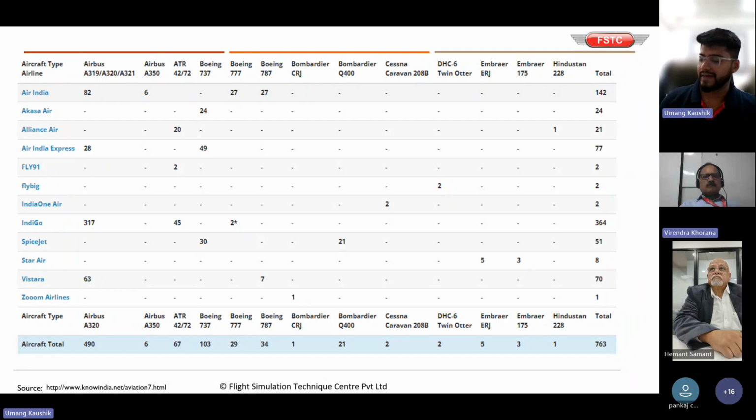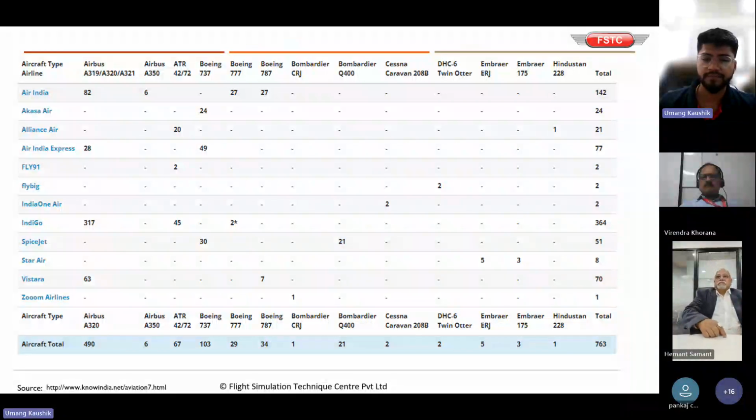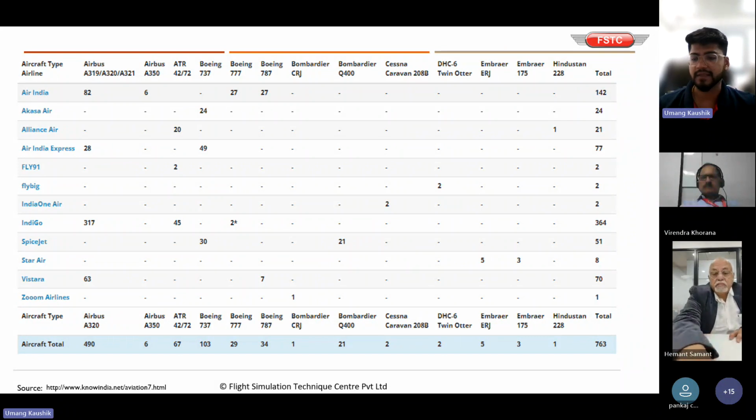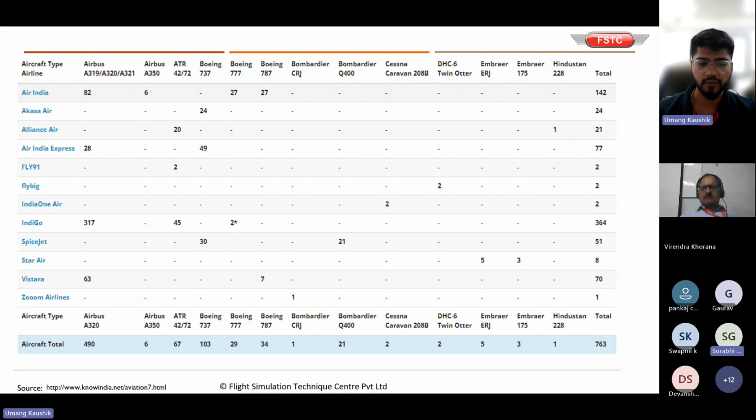So when deciding which type of aircraft you should start your type rating with, you should always see the number of aircraft that are already flying in the skies and the number of aircraft that will be coming into aviation in the next 10 to 15 years, because that will be your career we are talking about here, right?